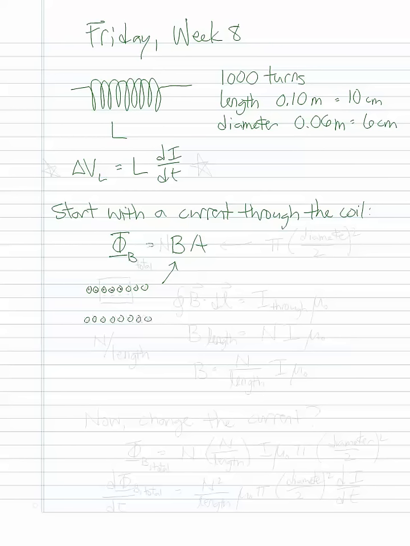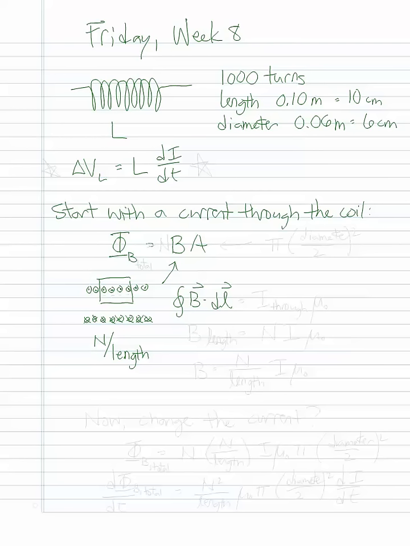So I'm going to make my coils here. And I'm going to do a quick Ampere's law that if I have a total of N turns divided by the total length, then I apply Ampere's law, I'm going to get the integral of B dl around that loop. And all that's really going to matter here is the length.